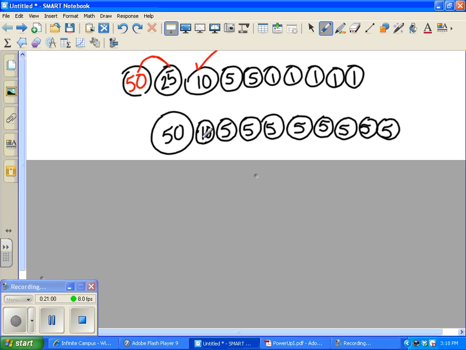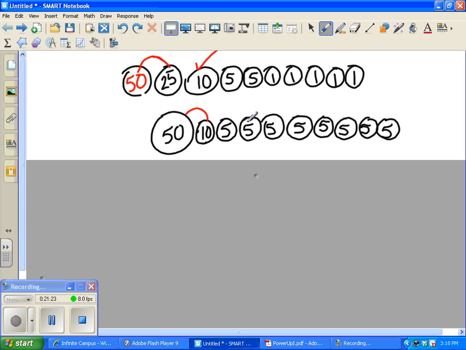And I know I have to use a dime still. Okay, so we did 50. And essentially what I had to do is take this 25 that I didn't use and split it up. And I decided to just use nickels this time because if I used pennies it was going to put me over. It was going to be too many. So 50 and 10, that got me to 60.